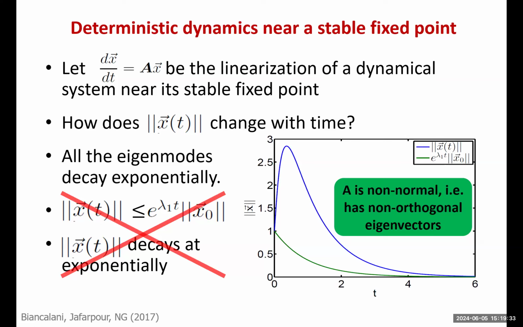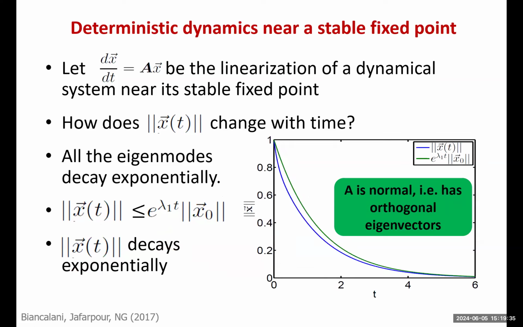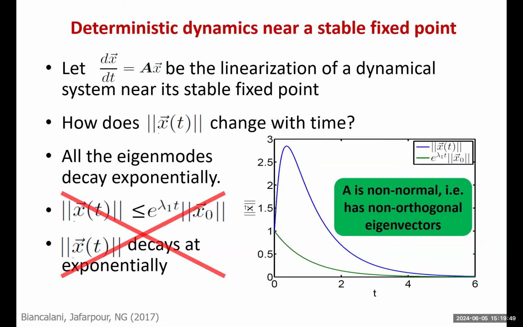But this is not true, and the reason is that the fact that the eigenvalues have this character, are real, and so on, is because you assume that the operator has orthogonal eigenvectors, and it turns out that in pattern-forming systems they don't.